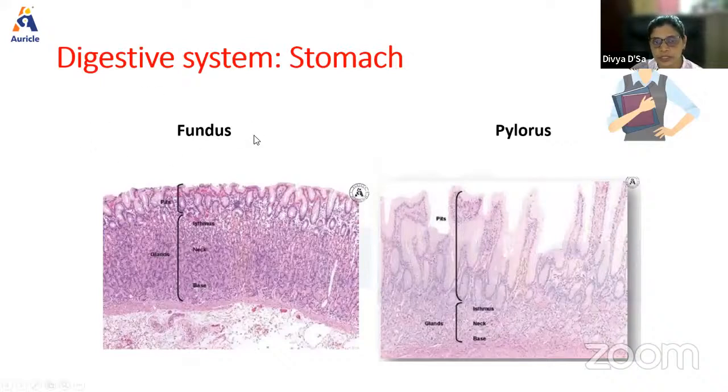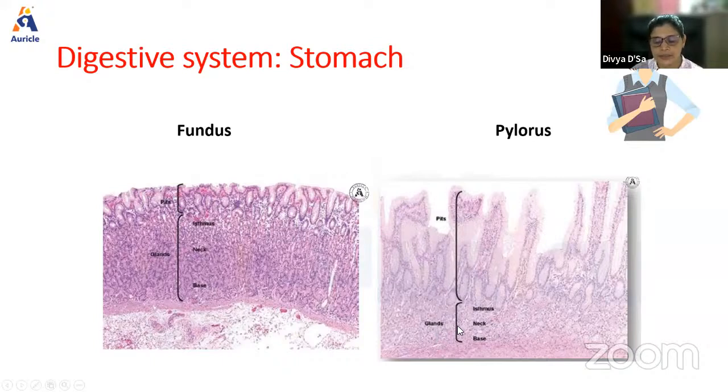So usually the question is asked to compare and contrast the stomach fundus and the pylorus. Basically, the main differences lie in the mucosa layer and in the muscularis externa layer. In the mucosa layer, here the gastric pits are shallow, here the gastric pits are deeper. We see gastric glands here, and pyloric glands here.